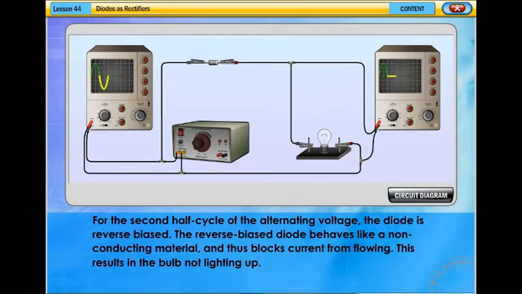For the second half cycle of the alternating voltage, the diode is reverse biased. The reverse-biased diode behaves like a non-conducting material and thus blocks current from flowing. This results in the bulb not lighting up.